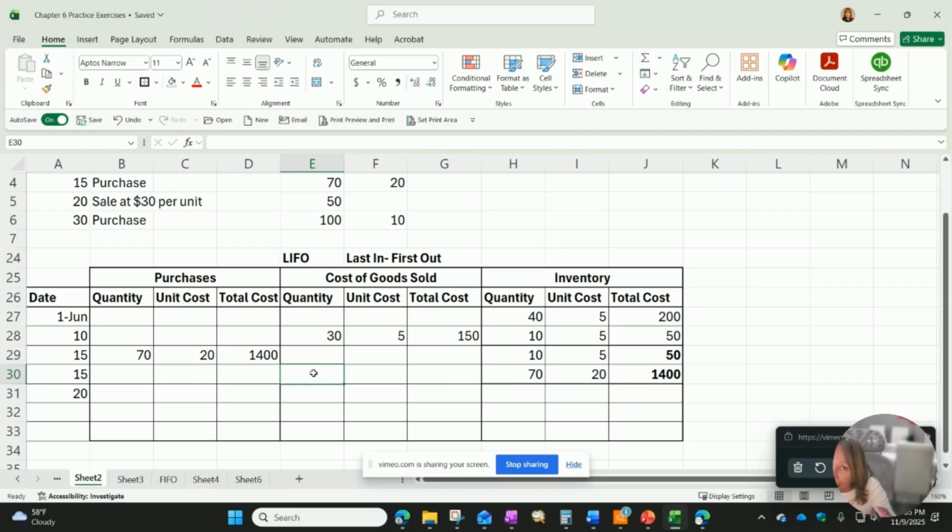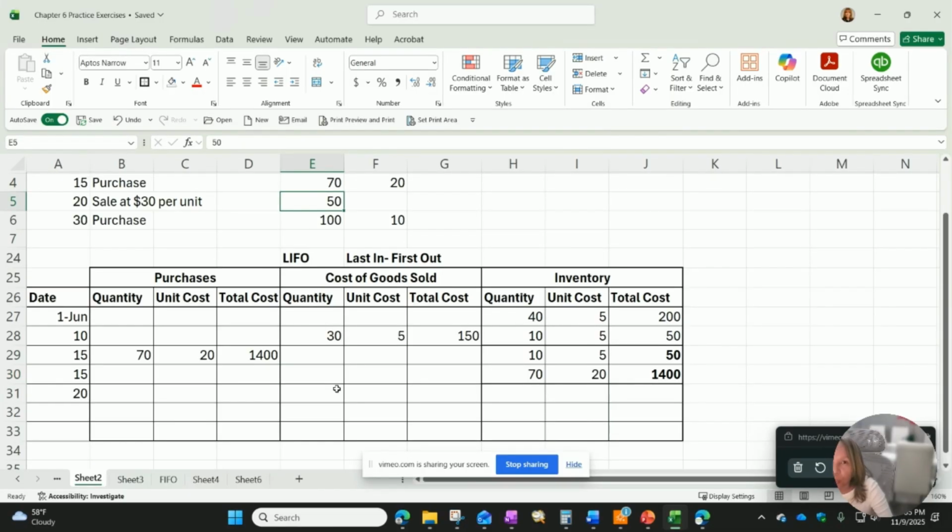In this case, it's LIFO, and for that reason, we know that the cost of the speakers we're selling now is going to be from the last speakers that were purchased. Let's break this down.